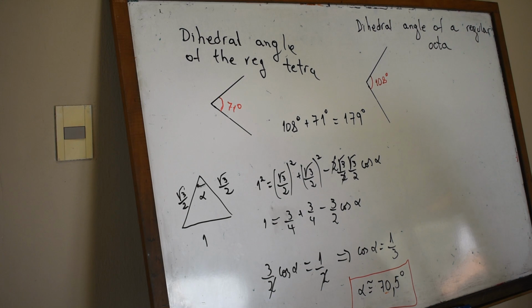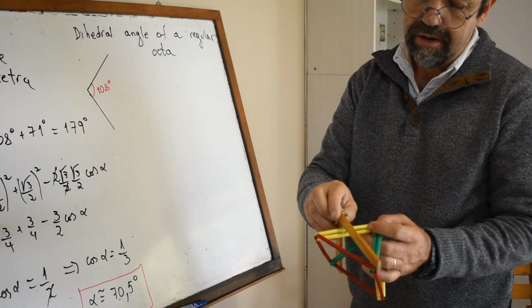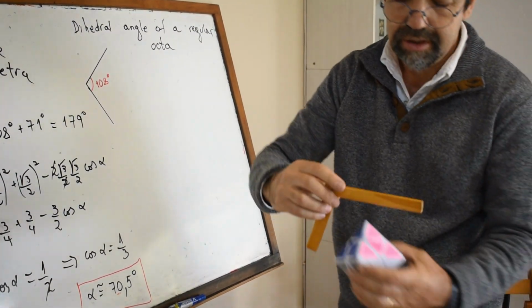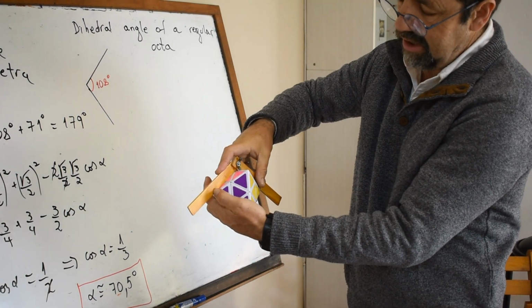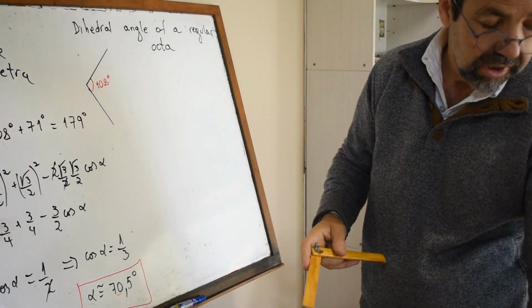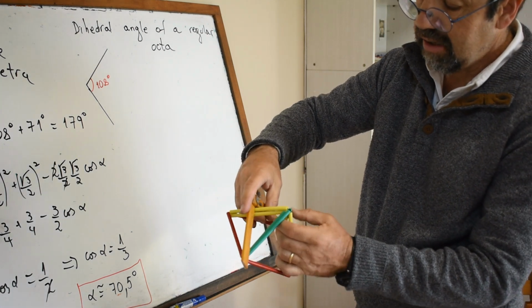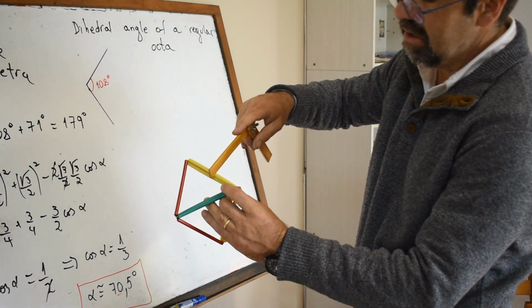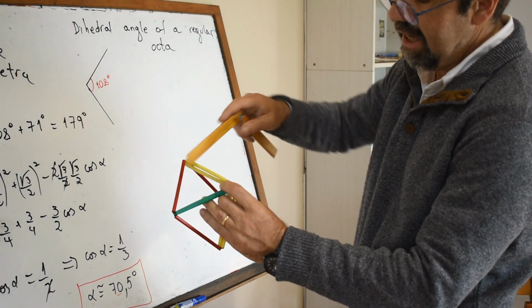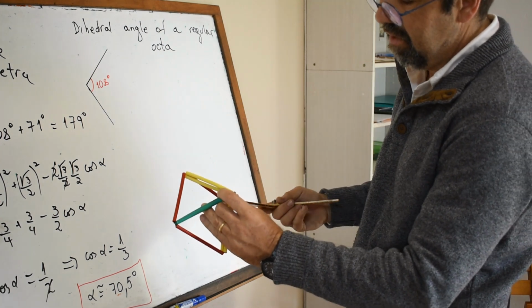In the octahedron, let's see this model. This will be the angle. It's an obtuse angle. But we can see here also that one side is the height of an equilateral triangle, the other is also the height. And the third side is the diagonal of a square.